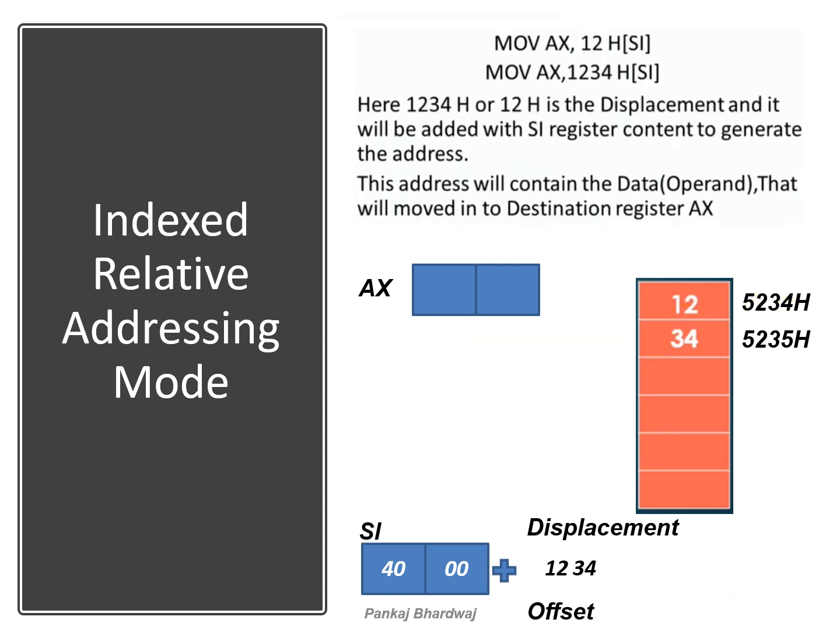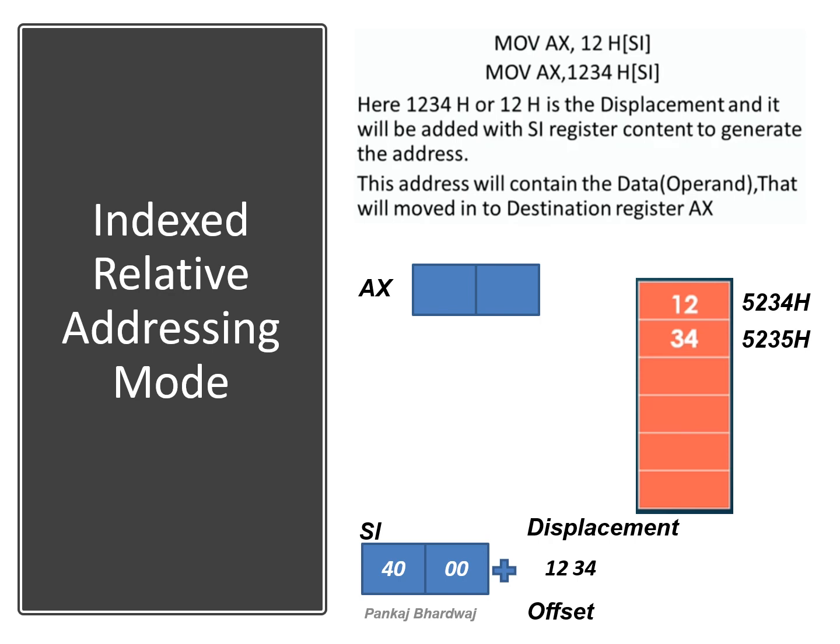Next is indexed relative addressing mode. Indexed relative is similar to based relative addressing mode, but in based relative we have the base index register, and in this indexed relative the address will be given by the source index or destination index register.